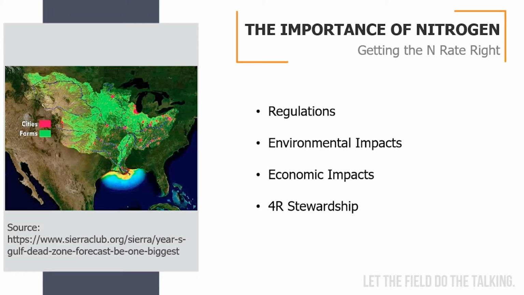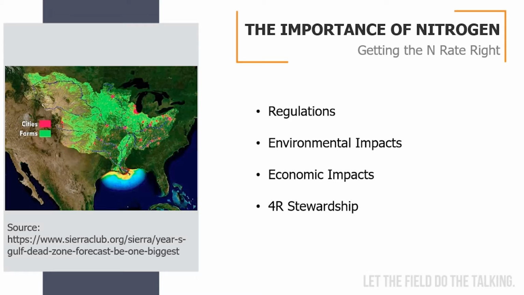But when you apply nitrogen in excess or at the wrong times, this can lead to losses, whether that's denitrification, volatilization, leaching, gases, plant losses, or even surface runoff. And since nitrogen is mobile, it can end up in the water supply, such as our aquifers, our lakes, or our rivers, or ultimately end up down in the ocean.